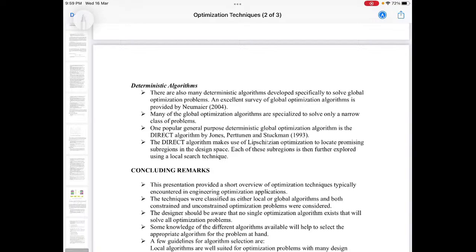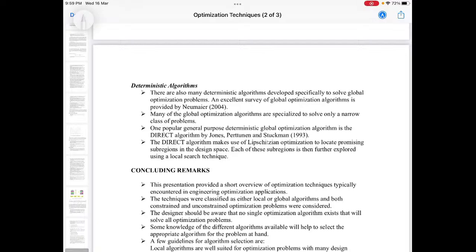Something like in a pattern recognition problem, the two-dimensional space consisting of x and y coordinates, this is the design space. The DIRECT algorithm makes use of Lipschitzian optimization to locate promising subregions in the design space.